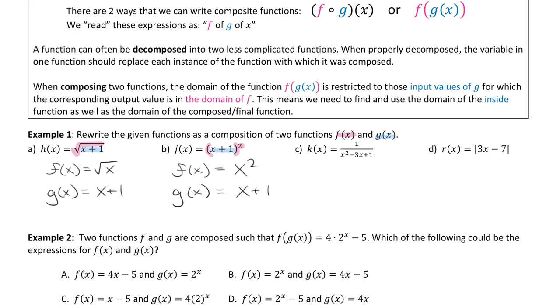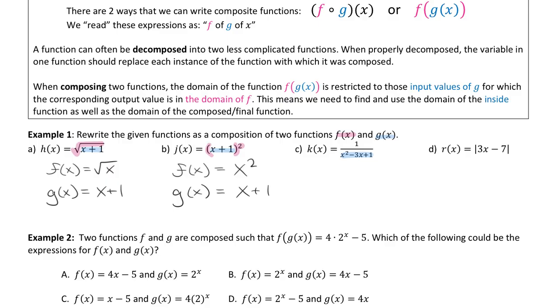If you look at letter C, do you see how there is a function plugged into another function? What looks like it's on the inside? Just in general, what looks like maybe could be the inside of this function? The bottom. That looks great. So this denominator right here, what kind of function is that? It's got a squared in it.